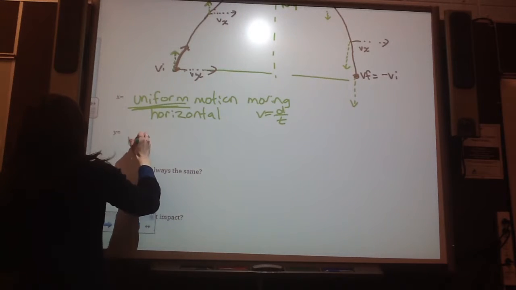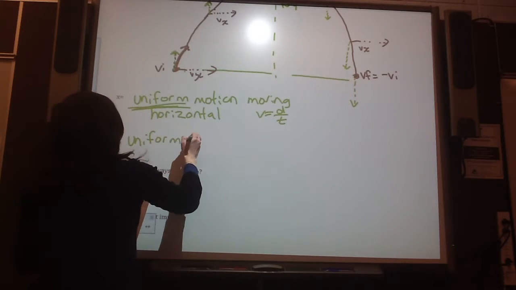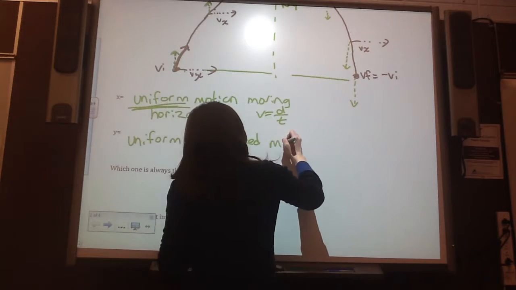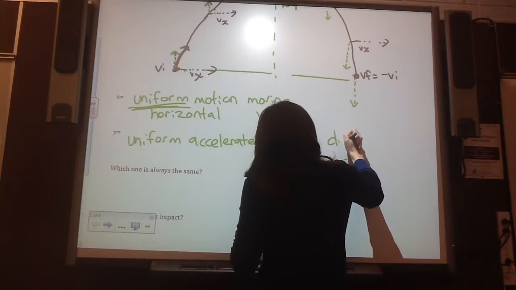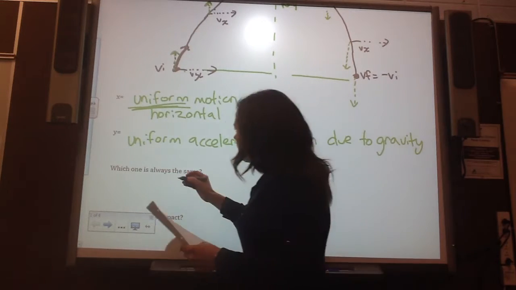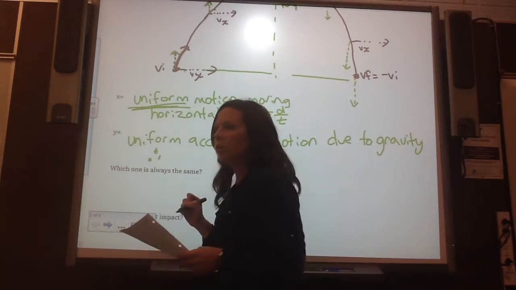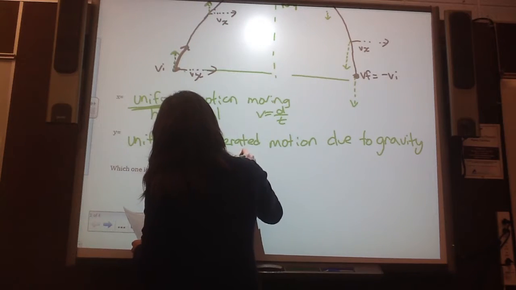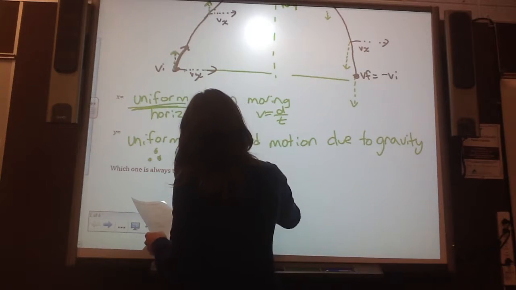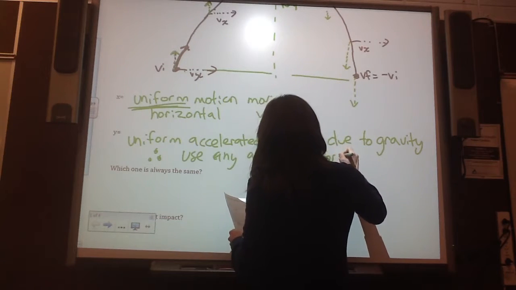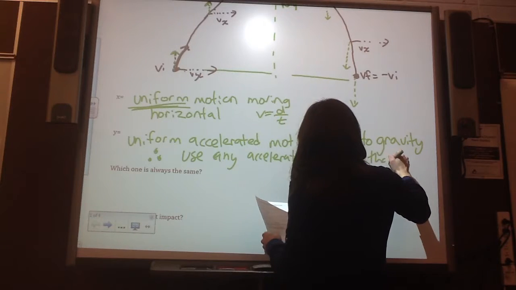Y is uniform acceleration or accelerated motion due to gravity. Therefore, with your 3 little dots, therefore, use any acceleration formula that works.